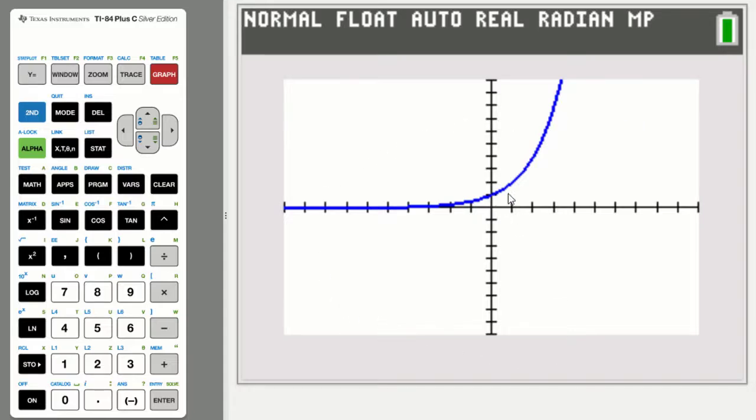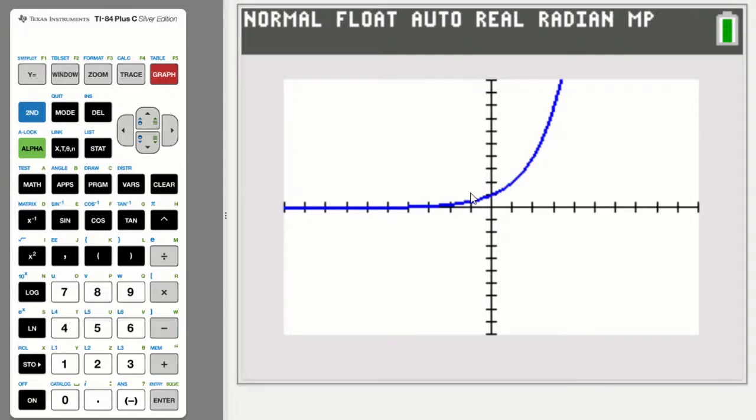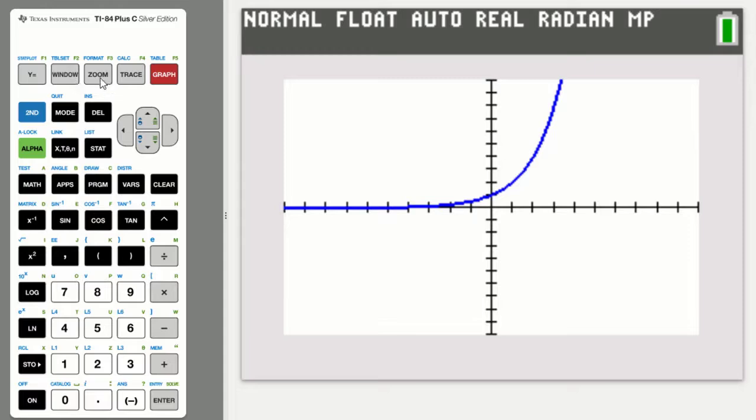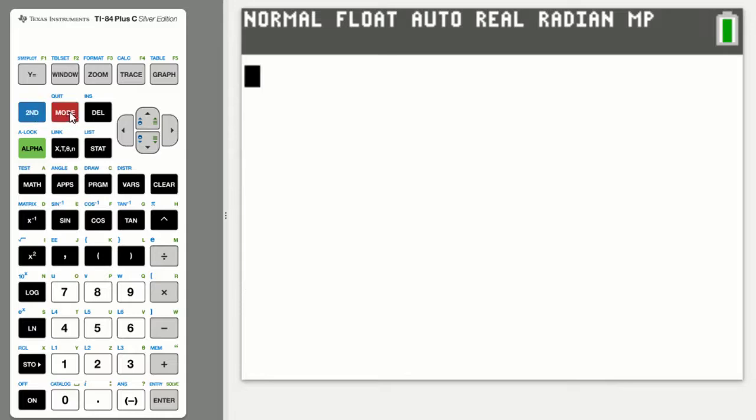It's not exactly a square scale, and you can see this is a scale of 1 on the y-axis, and this is a scale of 1 on the x-axis. You can read your manual to click on zoom and adjust the different zoom types, but I'm going to leave that for users to explore on their own calculator.